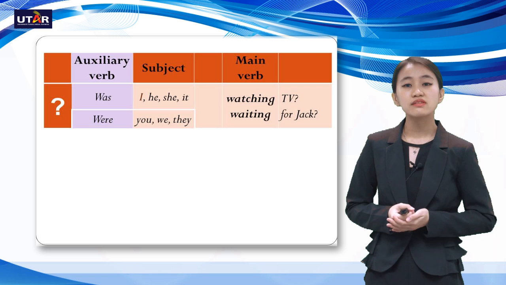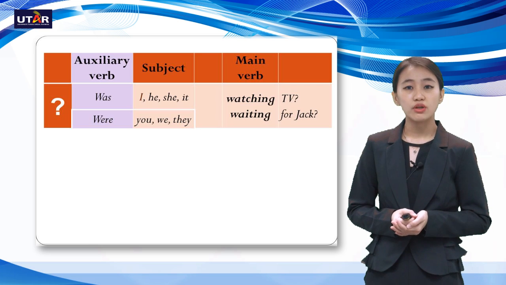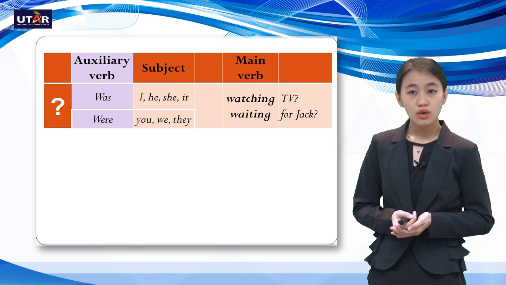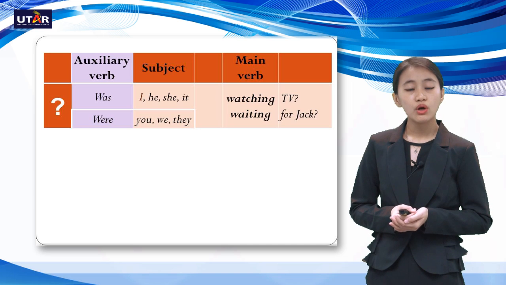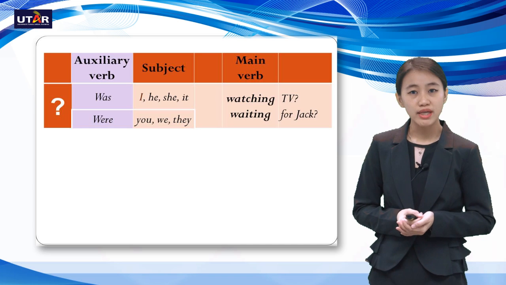So in this case, the be verb was or were, then followed by your subject. So if you use was, it will be followed by I, he, she, or it, whereas for plural, were, followed by you, we, or they. Then only you have your main verb with ing, and of course it ends with a question mark.